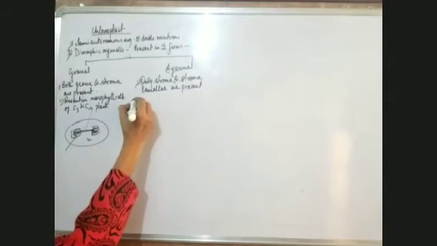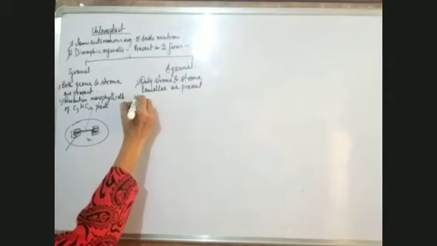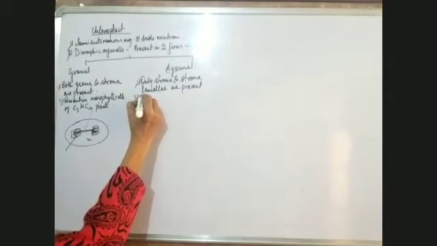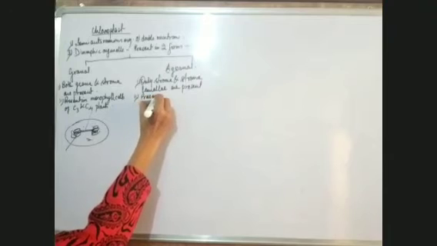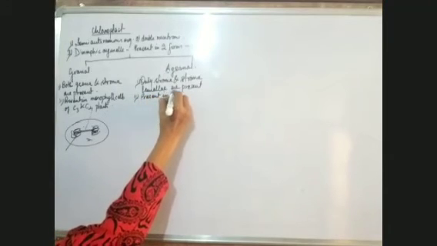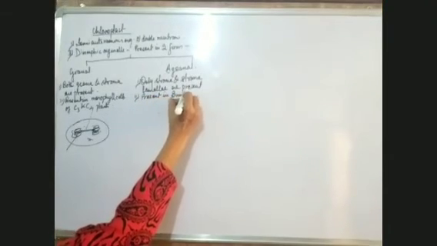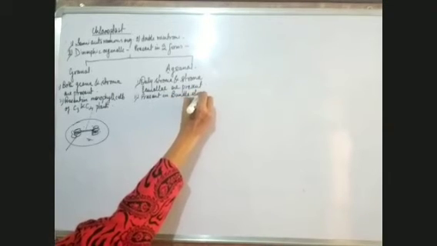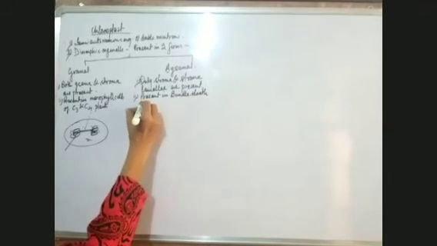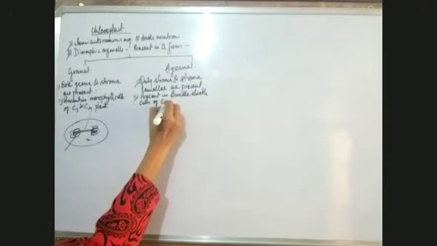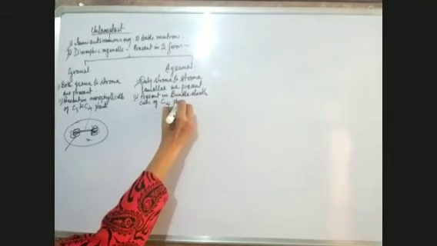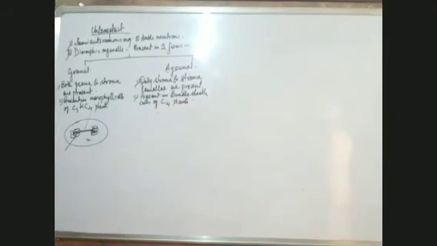This is present in bundle sheath cells of C4 plants. So this is about the chloroplast, that it is present here and in the bundle sheath cells.